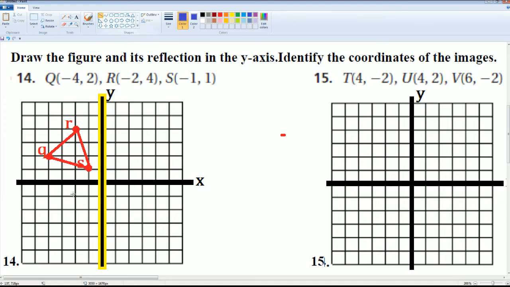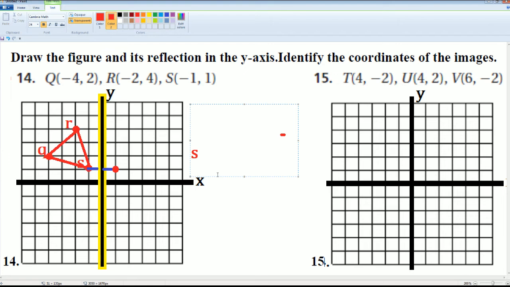So I went one to the right from S. It goes from S to the line of reflection by 1, so it's going to go right one here, and then put a dot here. The old one was S, so the new one is called S prime.